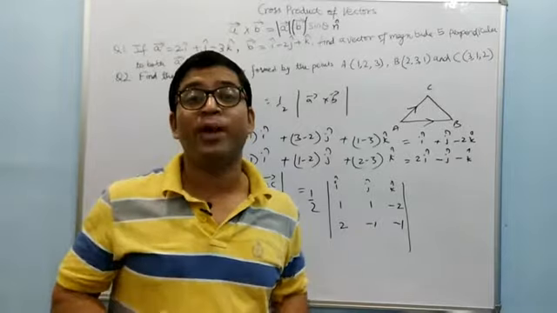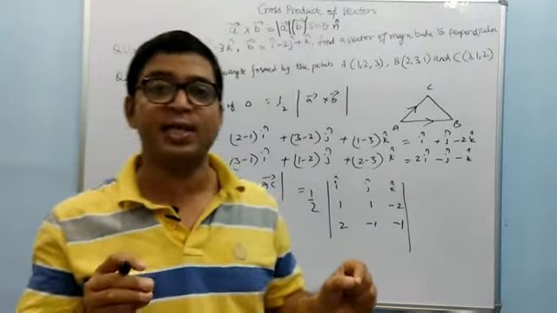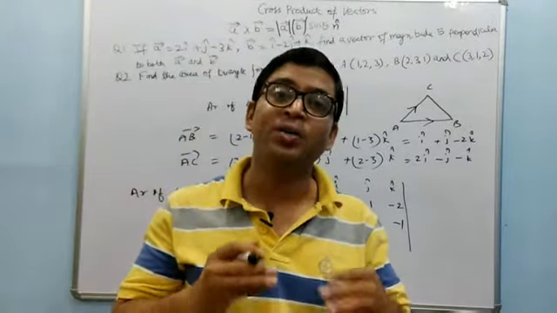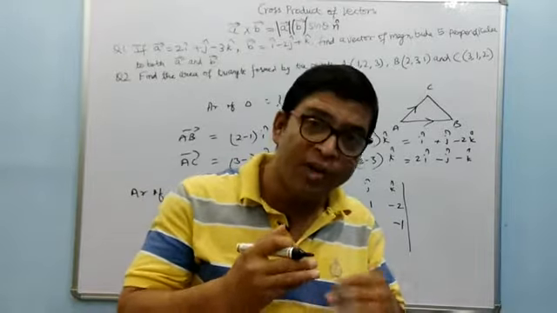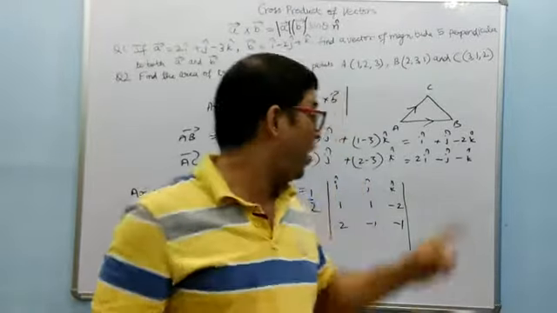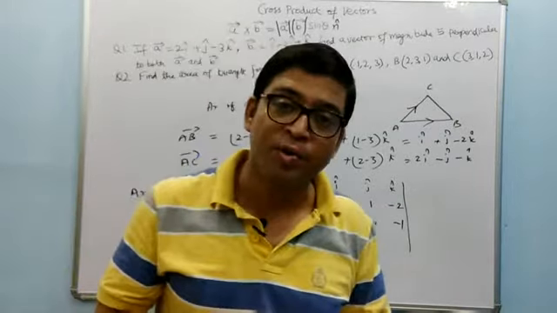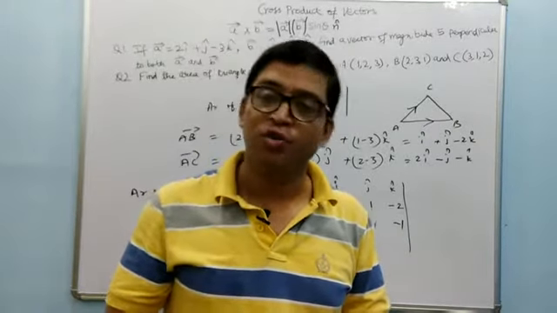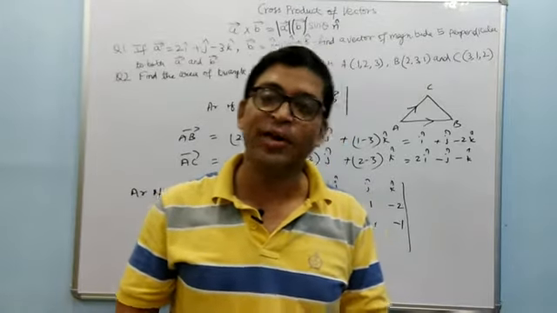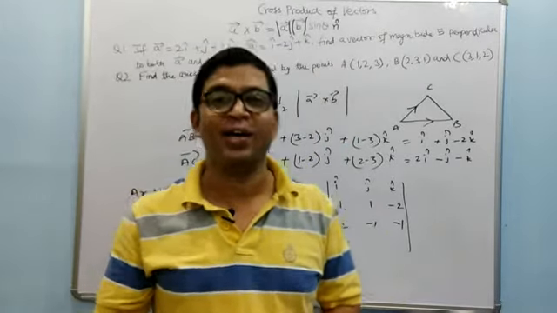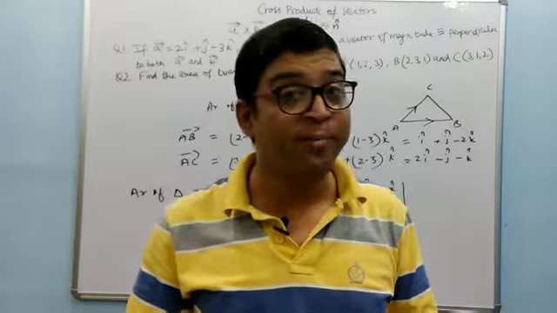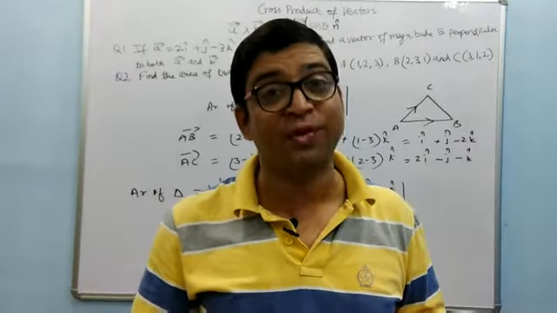So I am recommending that wherever the position vectors are given, you find the two vectors emanating from a single point, very important, and then find their cross product. Half into the cross product of the two vectors is going to give you the area of the triangle. Hope you are understanding this cross product of vectors very well.